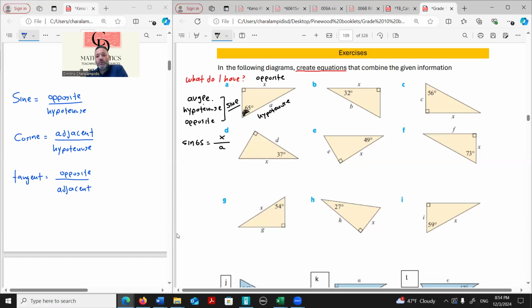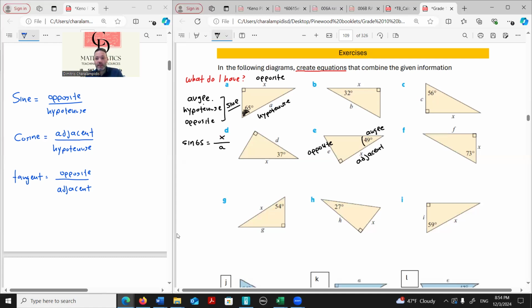Let's go to E. What do I have in E? I have the angle here, which is 49. Based on this angle, I have the opposite, which is E, and I also have the adjacent. Which trigonometric ratio combines angle, opposite, adjacent? Is it the sine, the cosine, or the tangent?